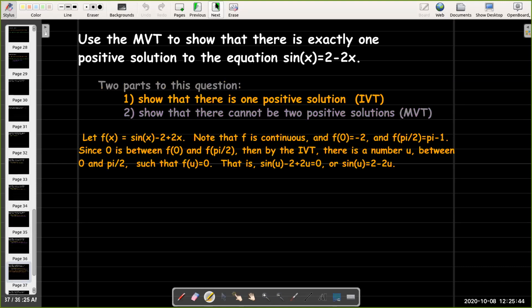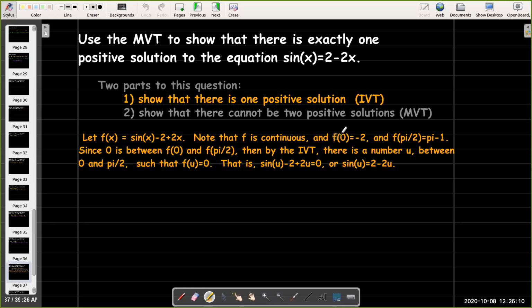And here I just did it all in one step. If we want to show that there's a positive solution, then first of all, I need to rewrite the equation in terms of a function. So f of x will be sine of x minus 2 plus 2x. I find two x values where the function value is positive at one end, negative at the other end.